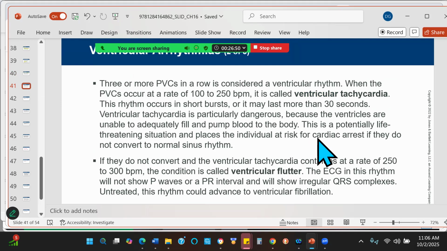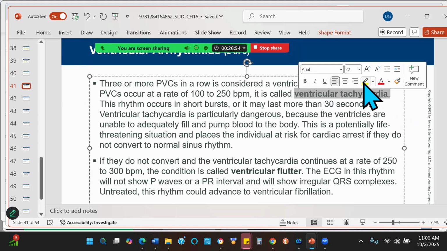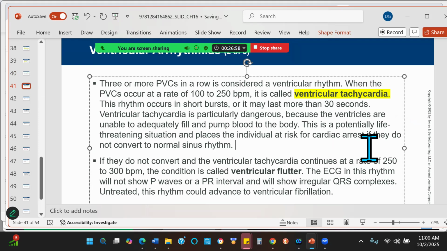If you get a long run of those PVCs in a row, that's called ventricular tachycardia. That one is dangerous. What can happen there is that the patient may not have a pulse. Ventricular tachycardia without a pulse and ventricular fibrillation are the two shockable rhythms.